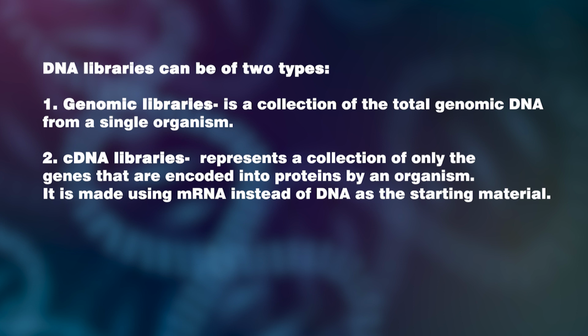Moving on to the next type of library, that is cDNA library. cDNA library is nothing but complementary DNA library. It contains DNA copies of the mRNA molecules. I believe you understand mRNA. mRNA is nothing but messenger RNA molecules which are present in a specific tissue or cell type.